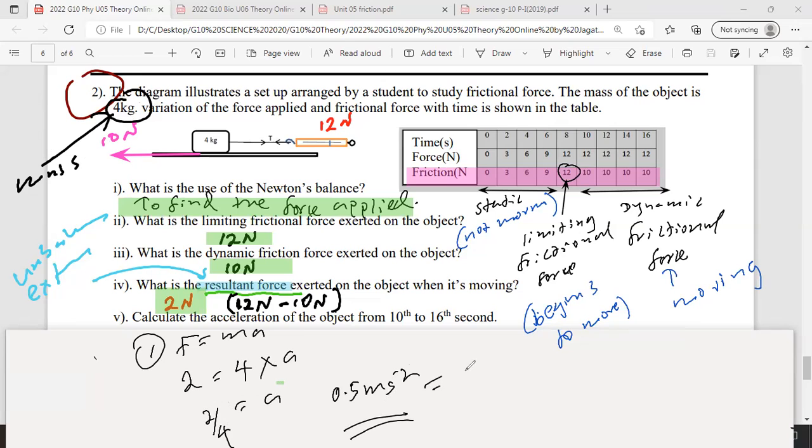Please raise your hand if you got the acceleration. Half means 0.5, units m s^-2. How many of you got 0.5 m s^-2? Only Pragit. Anyone else? Yes, you got it right, Prem.